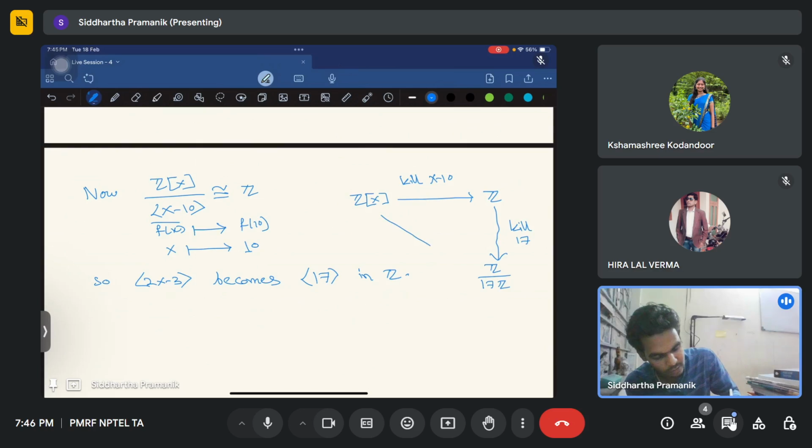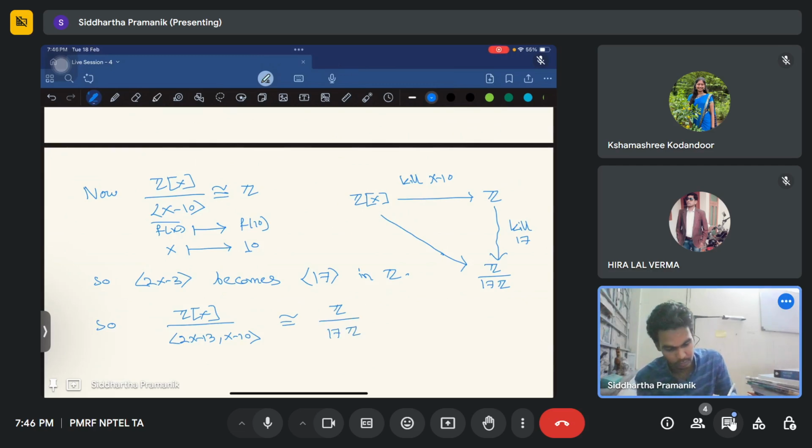So that is the isomorphism. So Z[x] mod 2x minus 3, x minus 10 is basically Z mod 17Z.